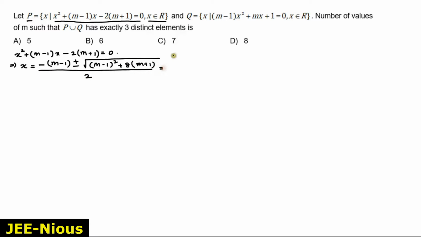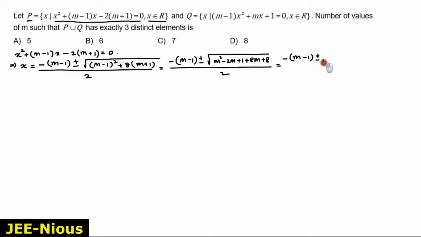So it is coming to minus m minus 1 plus minus under root. This is m square minus 2m plus 1 plus 8m plus 8, divided by 2. So minus m minus 1 plus minus under root m square plus 6m plus 9, divided by 2.